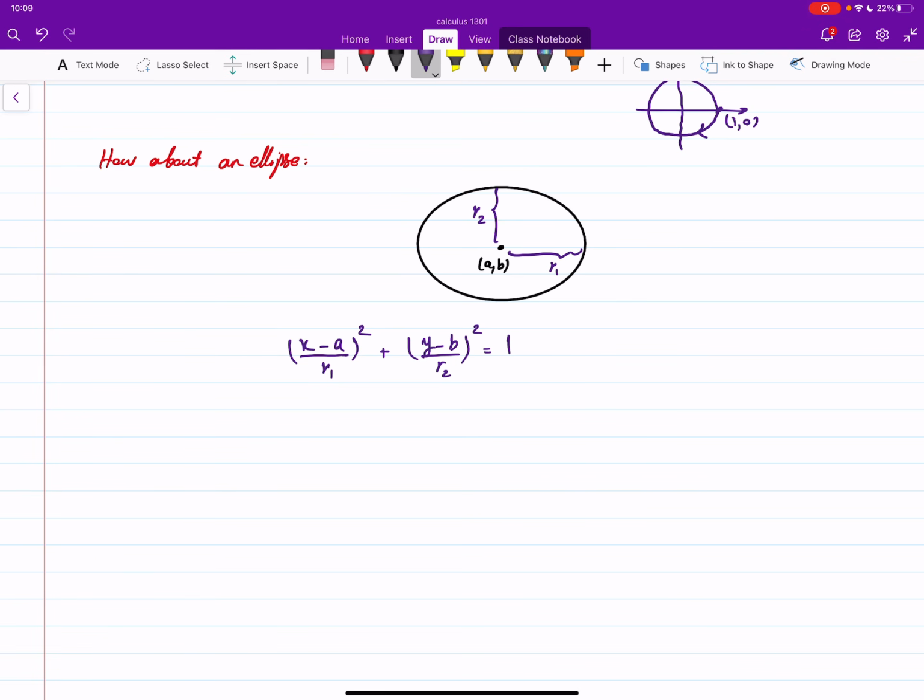So the parametrization for this one, I will challenge you to try to figure out yourself, or at least check this one. This will be x equal to a plus r1 cosine t, and y is going to be b plus r2 sine t, and t goes from 0 to 2 pi.